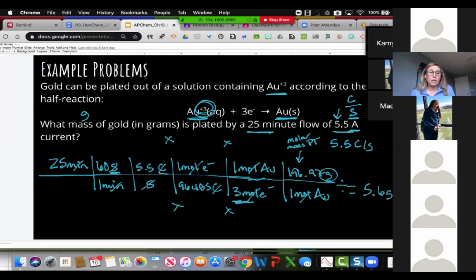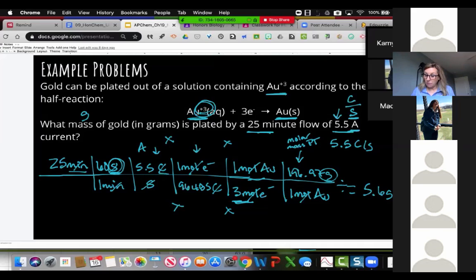These will always follow the same process. You might have a step less or a step more depending on how long it's running. If it's running for hours, you have to change it to minutes first. But you always have to get the time into seconds, and they have to tell you what the amps are. The amps is what we use to get rid of seconds, going to coulombs.